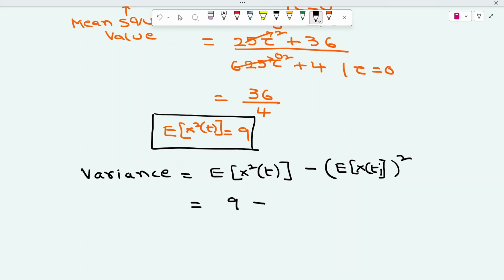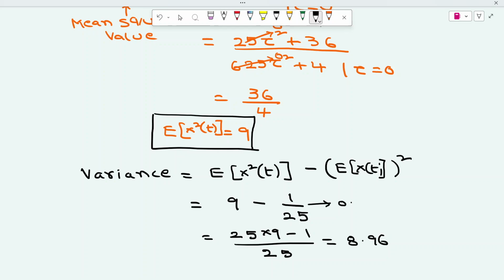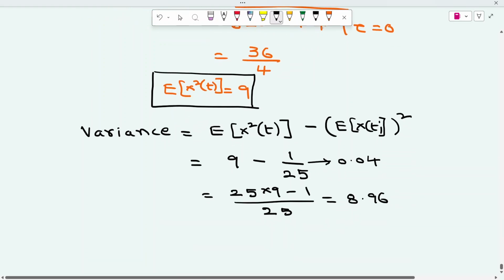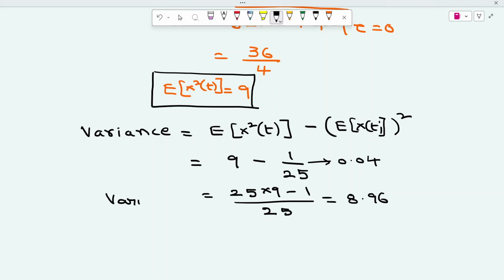The expectation of x of t, our mean value, is simply 1 by 5, so if we square it we get 1 by 25. So 9 minus 1 by 25, if we simplify, we get around 8.96. Since 1 by 25 is nothing but 0.04, 9 minus 0.04 is 8.96.